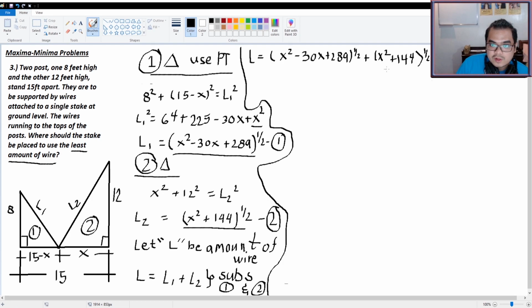Remember that this is the amount of wire, and you have to use the least amount of wire. Therefore, this must be minimized.